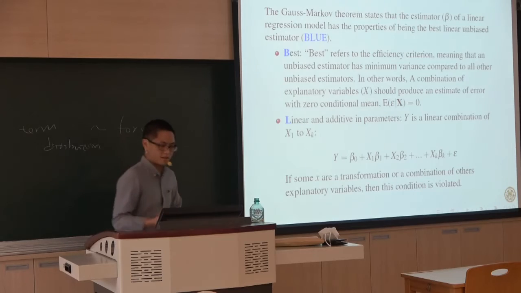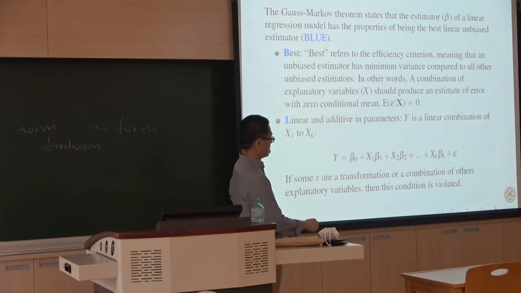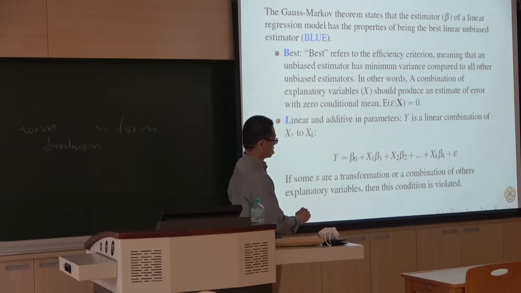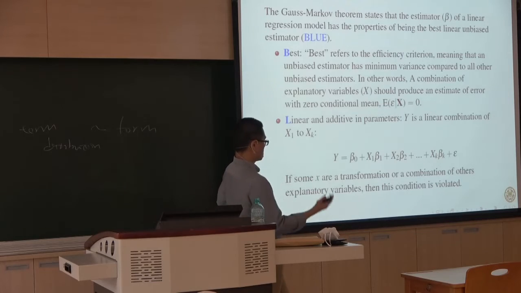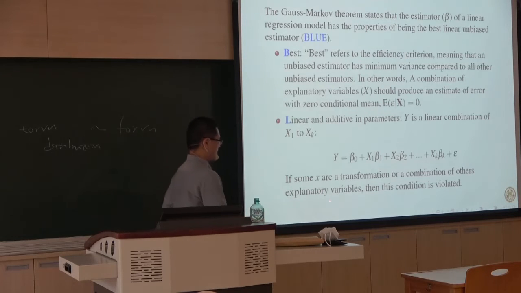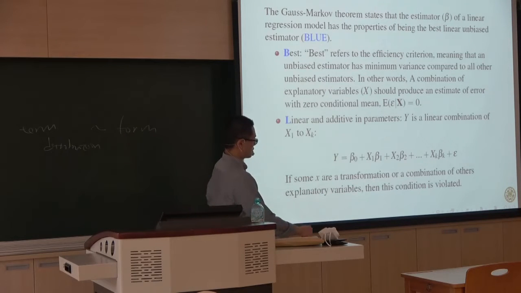The linearity assumption means that the outcome variable is just a linear combination of the explanatory variables you put on the right hand side of the equation. But we should also note that if some x variable goes through a transformation, for example multiplication or a square, a quadratic term, or a combination of the explanatory variables, then in that condition the assumption may be violated.